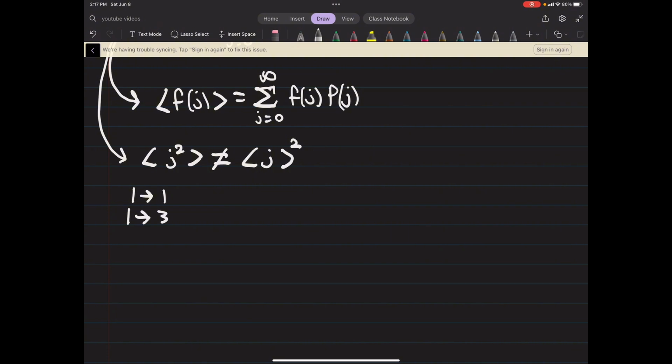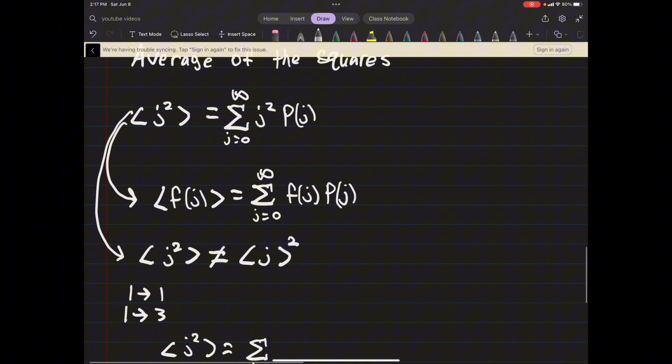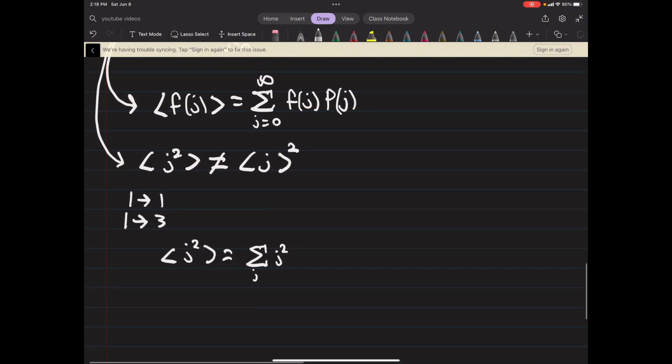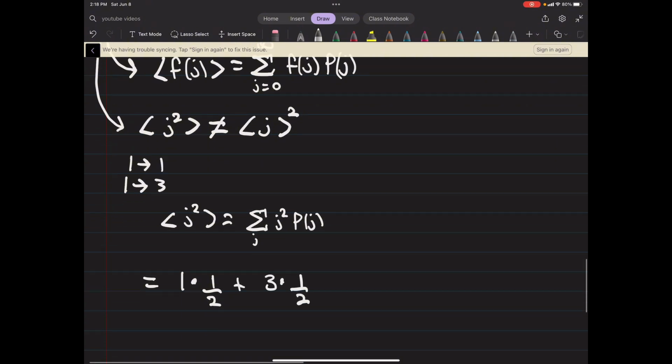Okay, so if we wanted to find the expectation value of j squared, that would be the sum over all j of j squared times the probability of j. So that would be 1 squared, which is 1, times the probability. It's a half, there's only 2, plus 3 times a half.